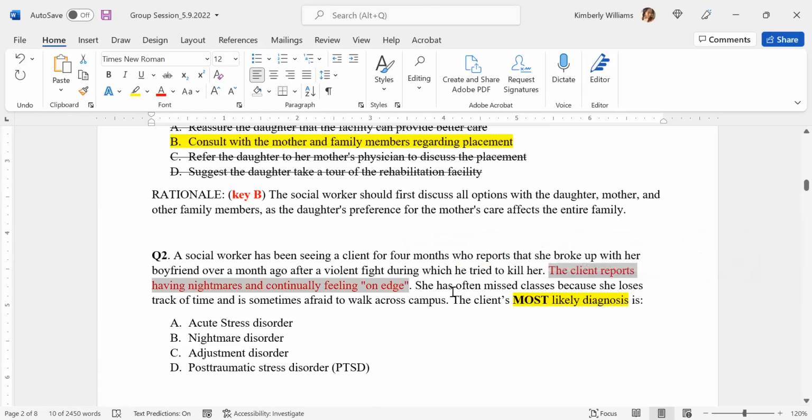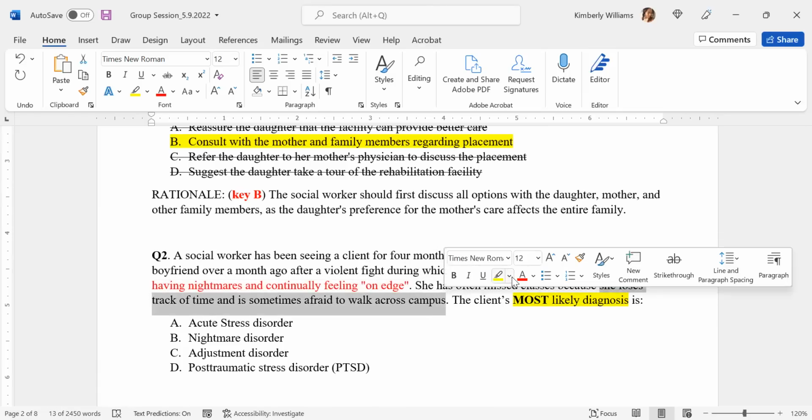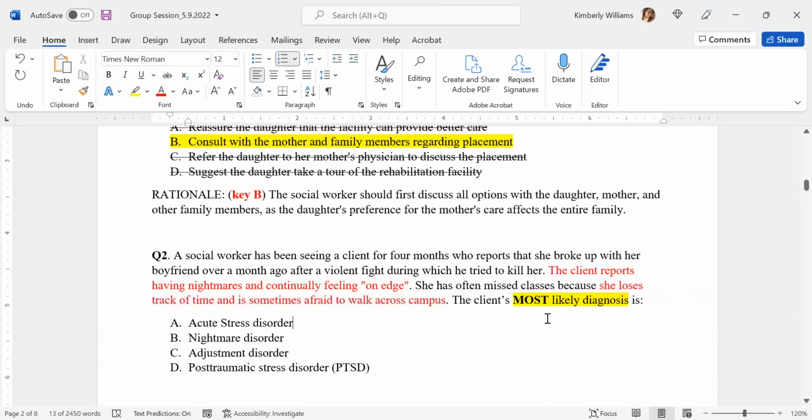Track of time, afraid to walk. All right. Because they're asking me for a diagnosis, I'm paying attention to which of these diagnoses is going to be related to these symptoms. So you have a client that's having nightmares, continually feeling on edge, losing track of time, and afraid to walk across her school campus. So just keep that in mind.